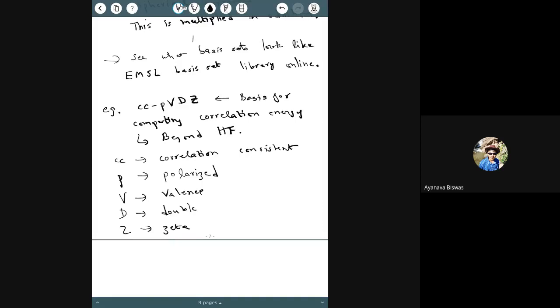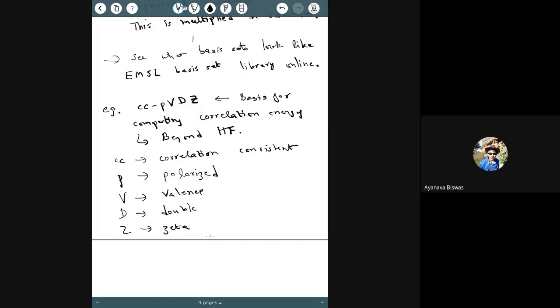Polarized means that there are higher order functions. If you're describing a 1s Slater orbital and you're only using S-like Gaussians to describe it, it is unpolarized. But if you're using both S and higher angular momentum orbitals, P or D or F, they are called polarized orbitals.